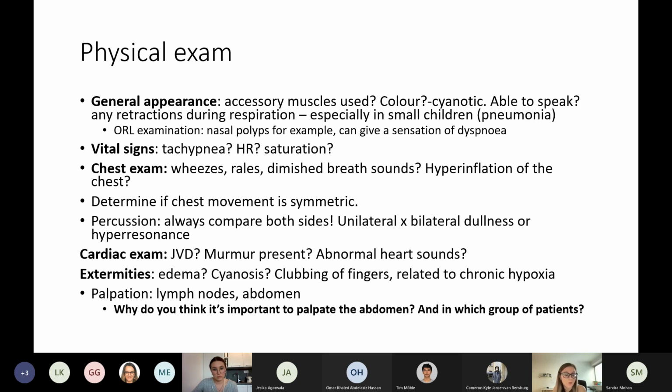Is there any cyanosis, and where is the cyanosis present? Is it in the extremities? Is it more central? Then we are looking for clubbing of the fingers, which could be related to chronic hypoxia, which could be with some kind of heart defects, and with lung diseases. Then we could also do palpation. So we would palpate the lymph nodes and abdomen.